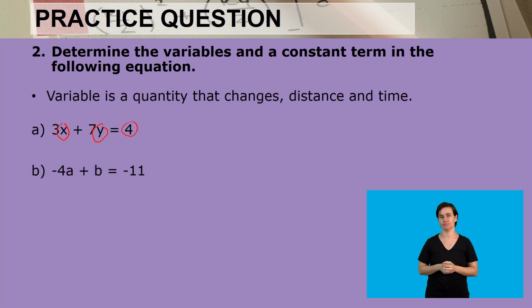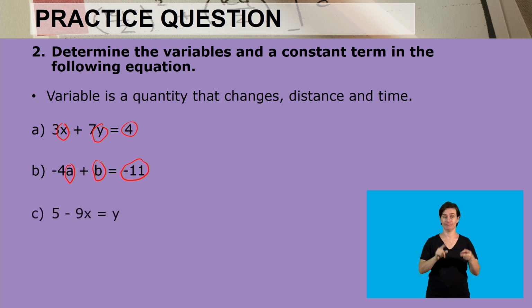All right, let's look at the next one. Negative 4a plus b equals negative 11. In there, the variables are a and b, and the constant term is negative 11.